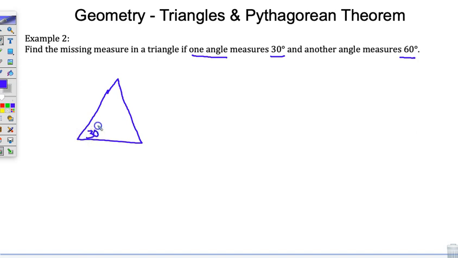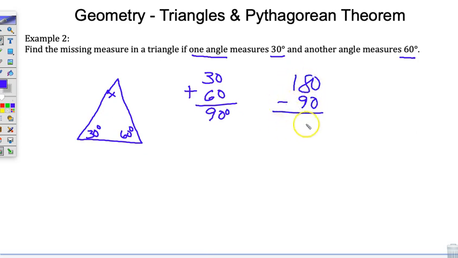Let's say one is 30, maybe this one is 60, and we're looking for this missing measure. Again, you're simply going to add up the two that are given. So 30 and 60 is 90 degrees. Then I'm going to take 180 and subtract that 90. Well, that is 90 degrees.